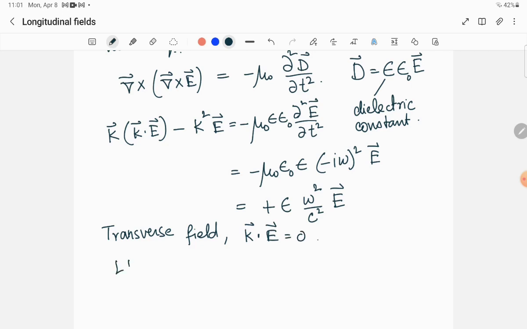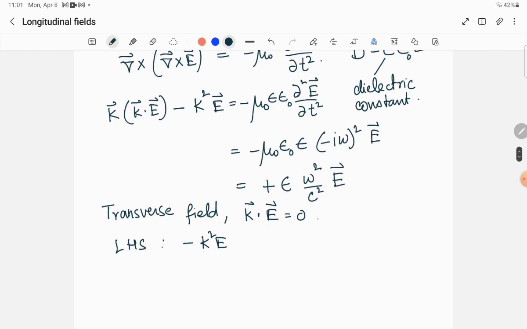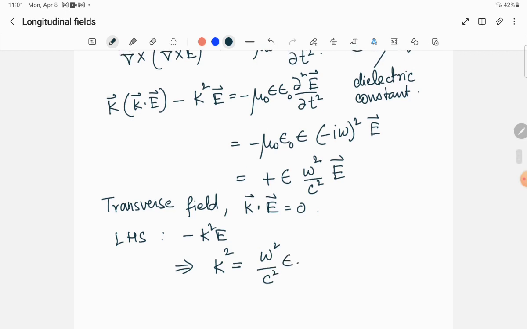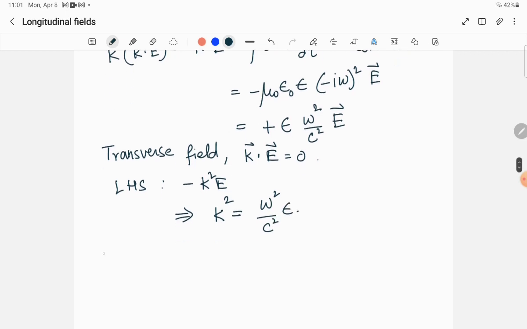So the left hand side becomes minus k square E. So this relation results in the E's canceling out and you get k square equal to omega square by c square epsilon, which is something we are familiar with, right? Now we go to the longitudinal case.